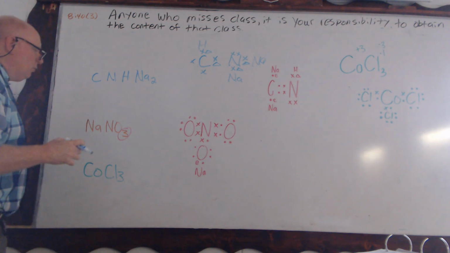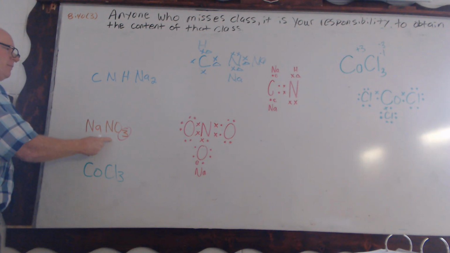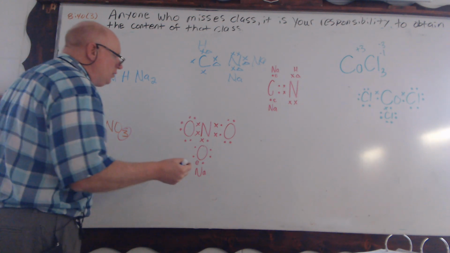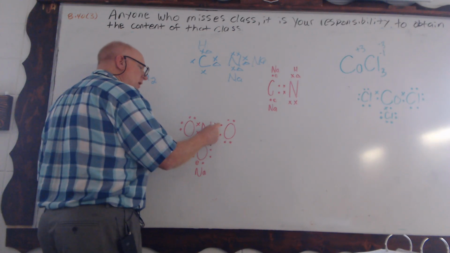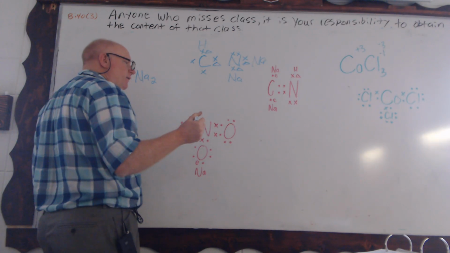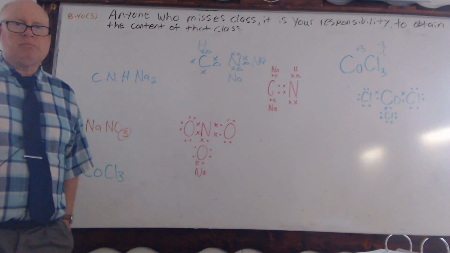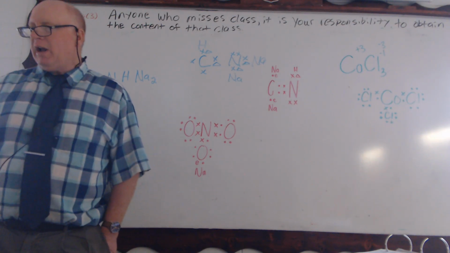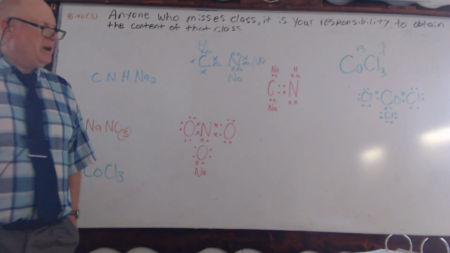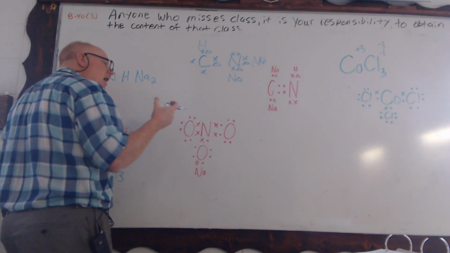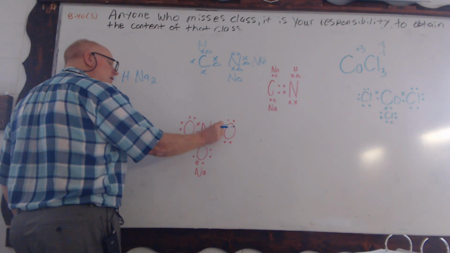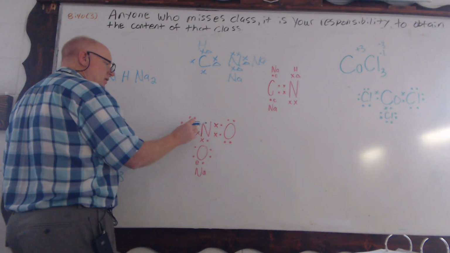Then, with sodium nitrate here, what happens is you do have to have 1 double bond in here, and that's what's being illustrated. And this does form what we call resonance structures, but for our purposes, we're not too concerned about what a resonance structure is. All that means is, how do you know that the double bond is on this side? Maybe it's over here.